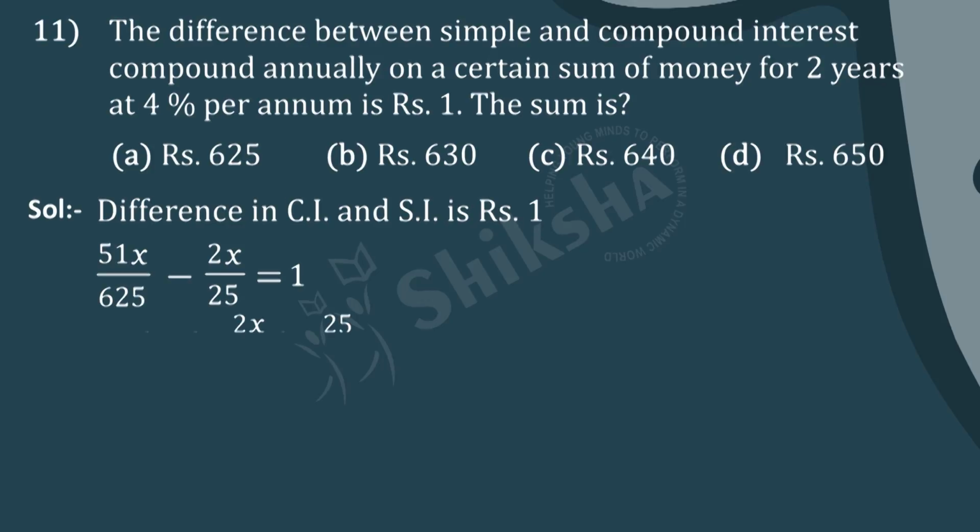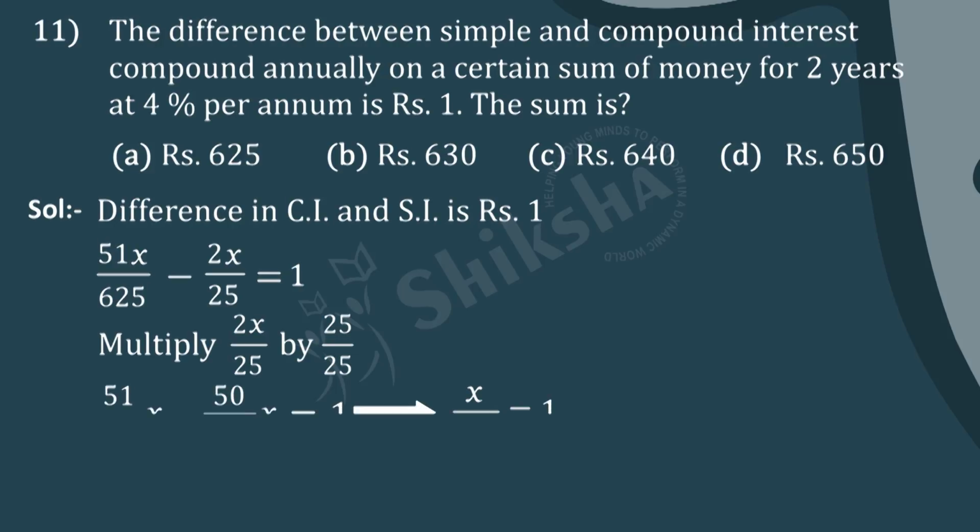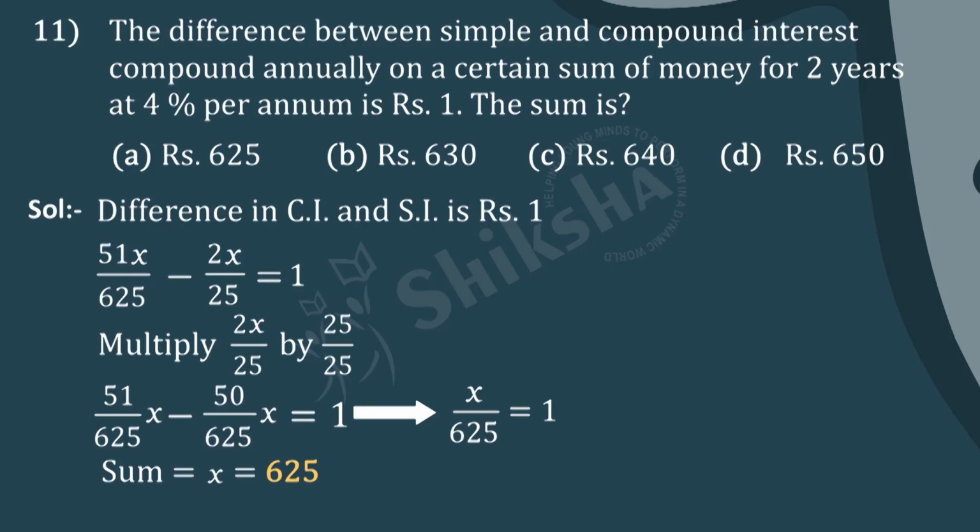Now multiply 2x by 25 by 25 to make the denominators equal. So we get the equation 51x/625 minus 50x/625 equals 1, which is x divided by 625 equals 1. So the sum, that is x, equals rupees 625. So our correct option is option A.